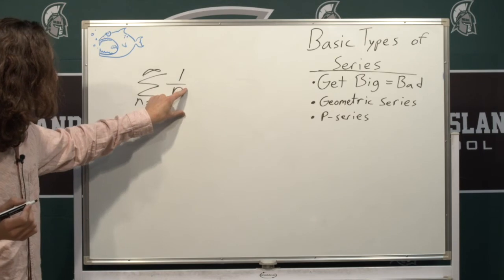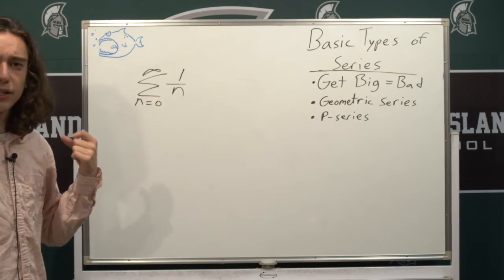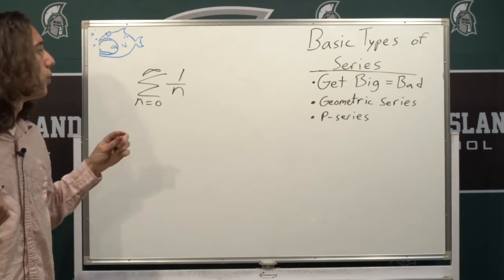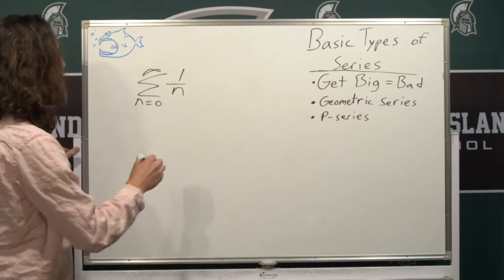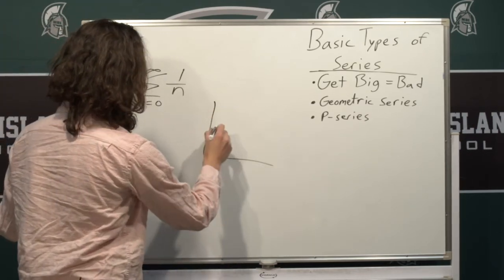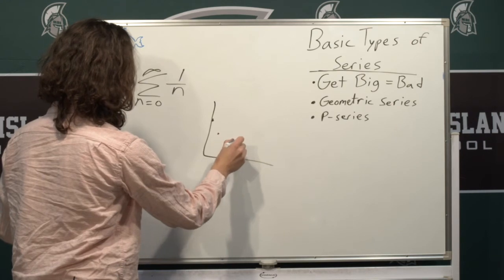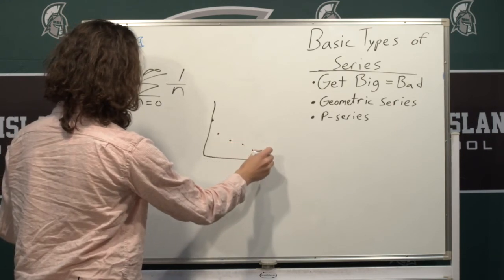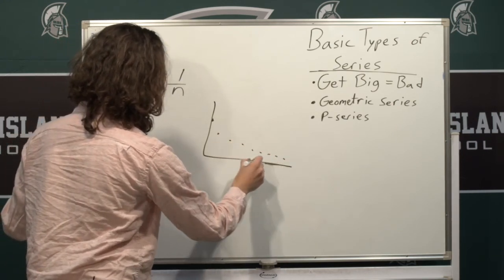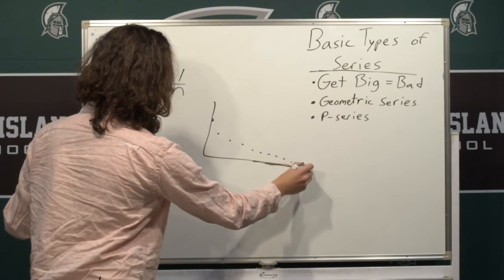And this is the first funky little thing that you'll encounter in this course, where even though this looks a whole lot like it's approaching 0, like it's going to go down towards 0, it doesn't quite reach there.